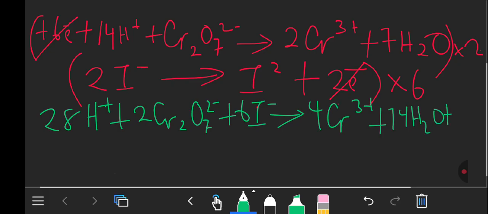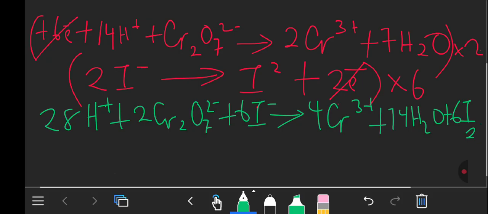Then plus 2 multiplied by 6 iodine ion, we're going to have 6 iodine ion, like that. Okay, like that. So at this point we have basically balanced this redox reaction.